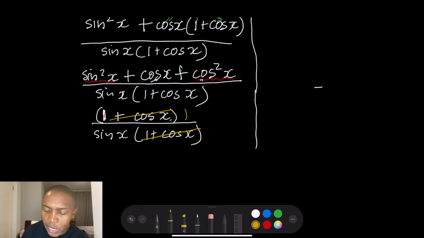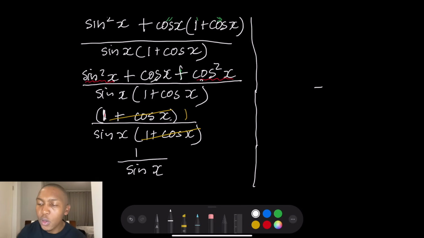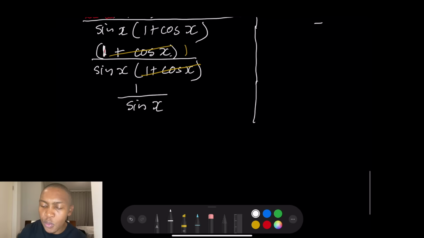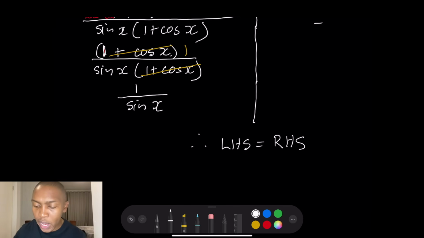Okay? So as a result, what are we now left with? We've got 1 over the sine of x. And by the way, what did they ask us to prove? It's exactly that. So now we can say, therefore, left-hand side is equal to right-hand side. Okay, so I hope that has been understood.